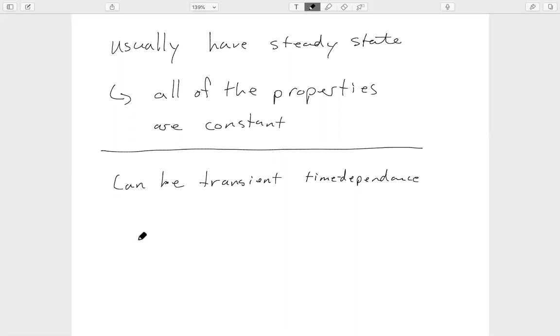We have conduction. So modes of heat transfer. We can have conduction.